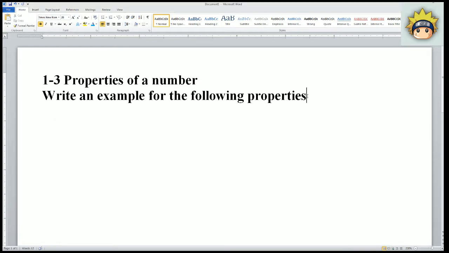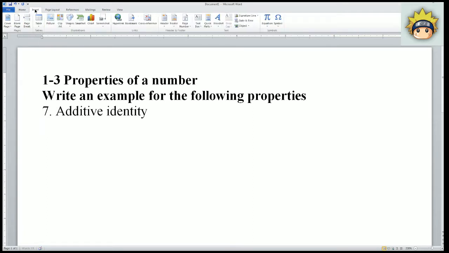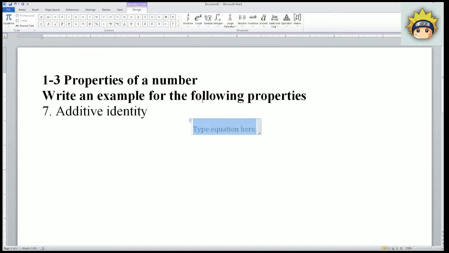Okay? So, number 7. Number 7 gives us the additive identity. The additive identity follows this format. This is the rule for it. A plus 0 is equal to A, right? The identity refers to the same thing.